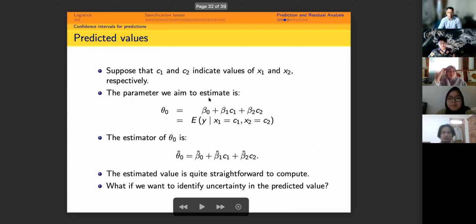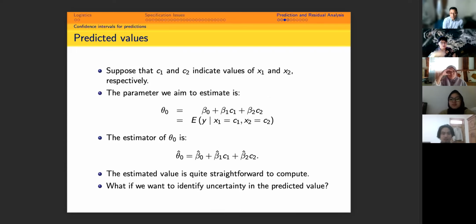Okay. Let's make it more general. Suppose that c1 and c2 indicate values of x1 and x2 respectively. Then the parameter that we aim to estimate is theta 0. Okay. And after we obtain the estimation, which is, after we obtain beta 0 hat, beta 1 hat, and beta 2 hat, we have an estimate for the parameter theta 0.